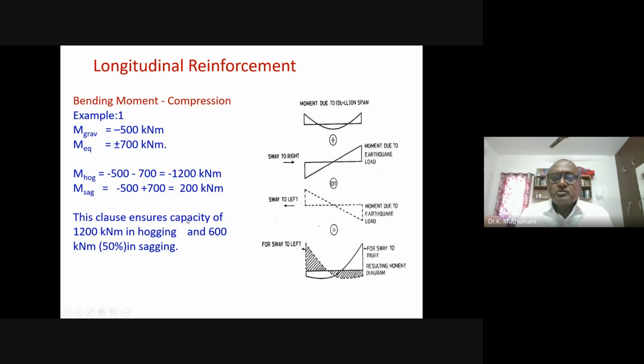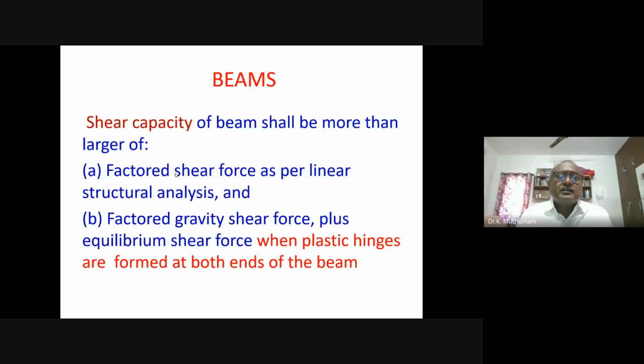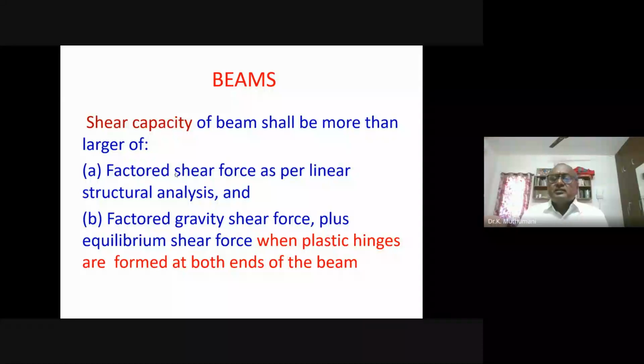This you should know thoroughly. In 13920 it talks about 50% reinforcement. That is, if you get 12 rods of 20 mm at the top, the bottom should be 6 numbers of 20 mm. That is the rule given in 13920. You may ask why. It is because of this, so you should understand that. It is a very important thing.